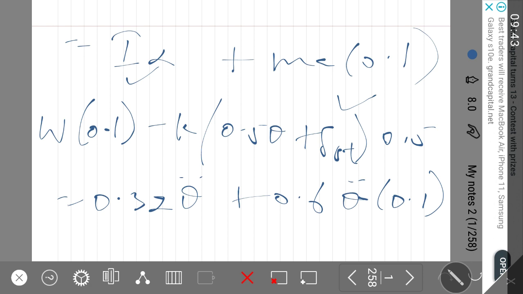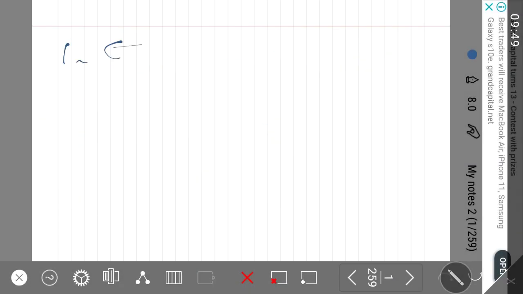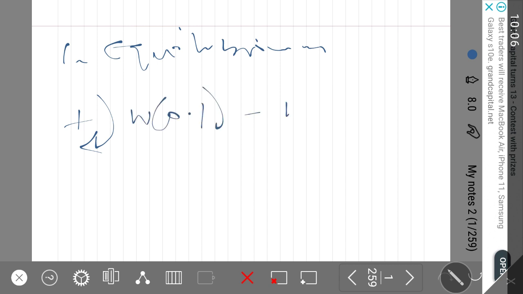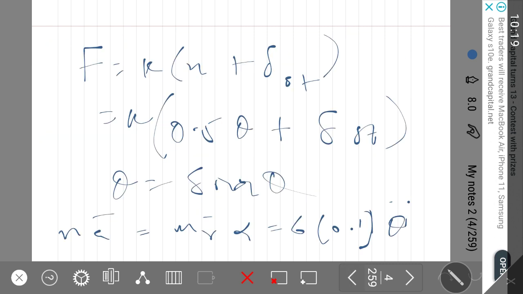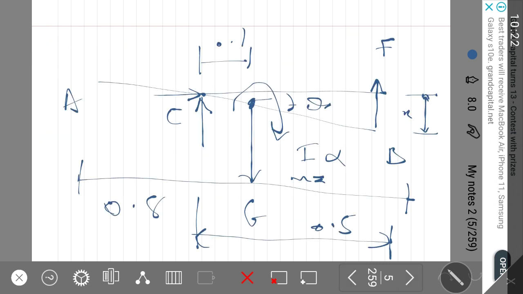But when we are in equilibrium, if we take the moments, we no longer have the deflection x. We are now going to have W times 0.1 minus k times the static deflection of the spring times 0.5 meters, which is equal to 0. Let me take you to the drawing so you can see this.